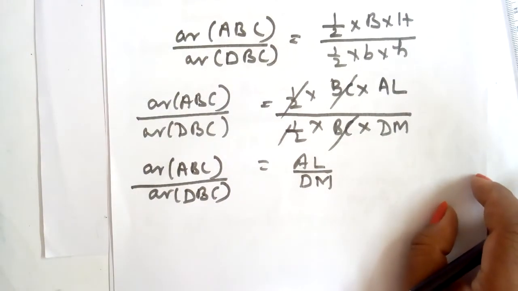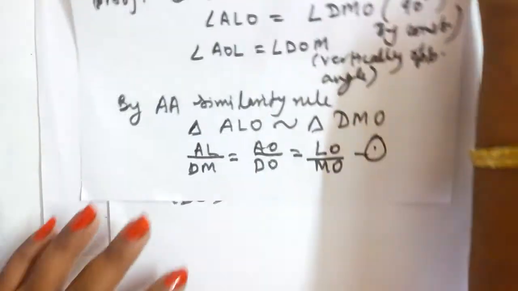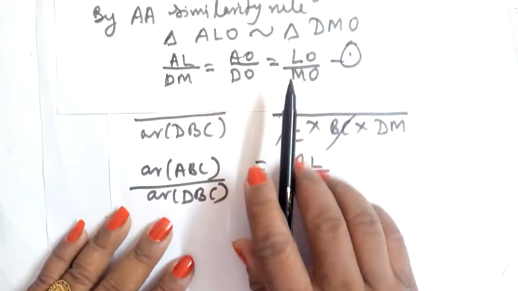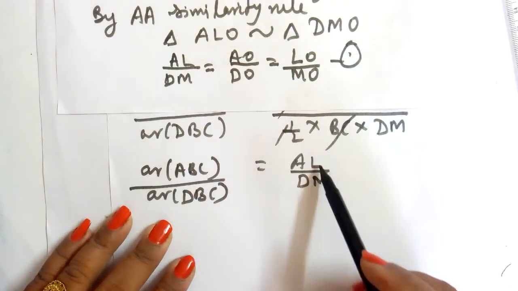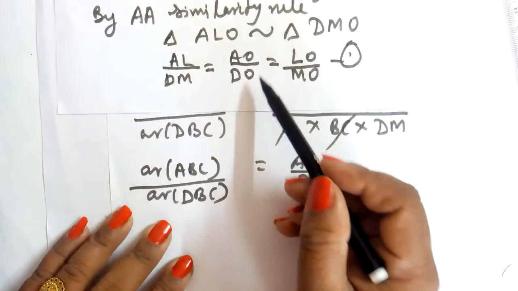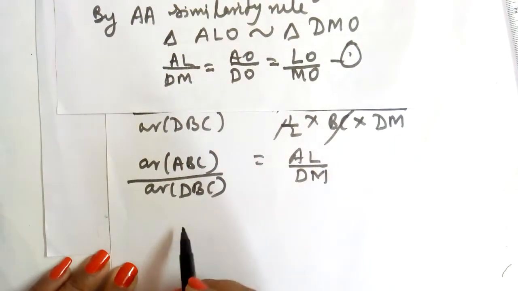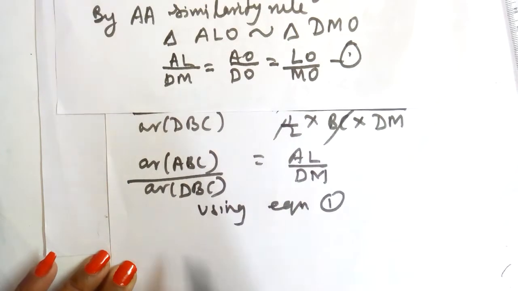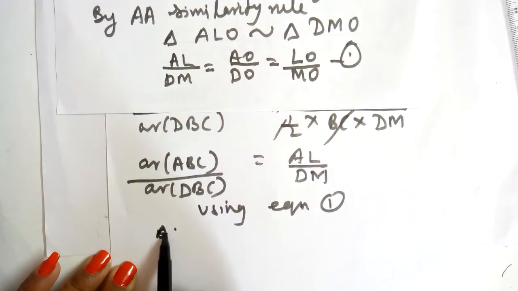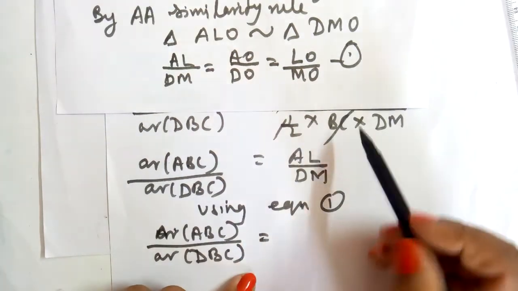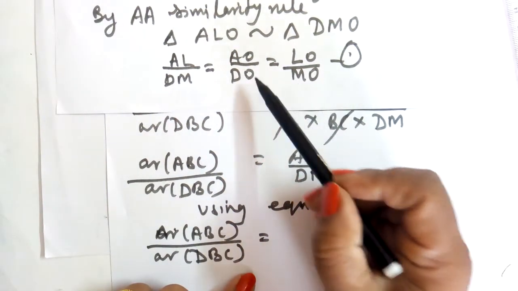Now if we recall equation number 1, we know that AL upon DM is equal to AO upon DO. So instead of AL upon DM we can write AO upon DO using equation 1. So area of triangle ABC upon area of triangle DBC is equal to AO upon DO.